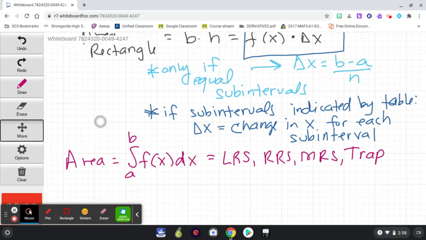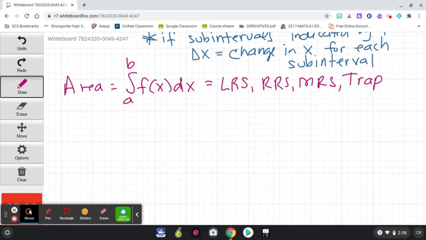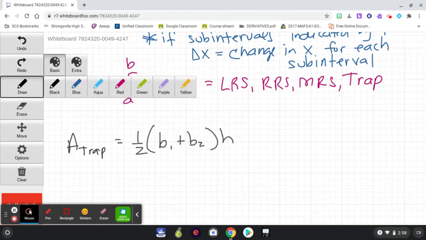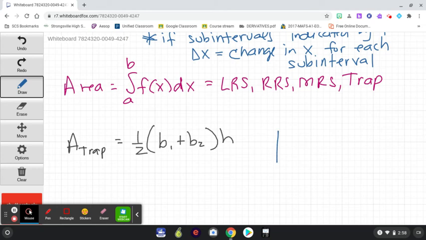All right, let's review how to find the area of a trapezoid then. So area of a trapezoid is equal to 1/2 the sum of the bases times the height. Let me draw you a picture. The trapezoids that you're going to see are most likely going to look like this, or they are most likely going to look like this.